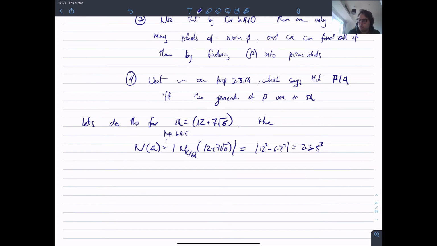We've already done these calculations. From the above calculations, we know P2 is the only ideal of norm 2.